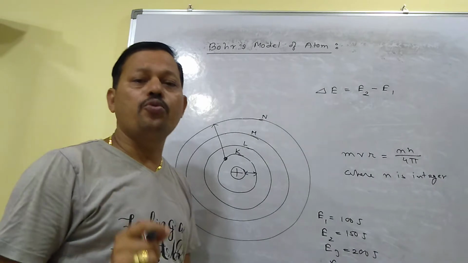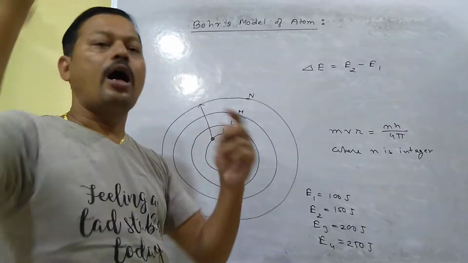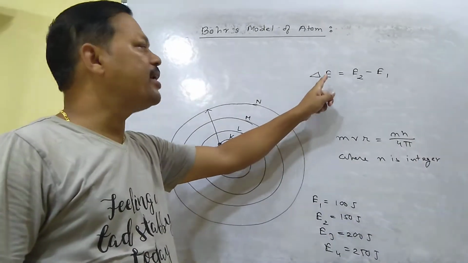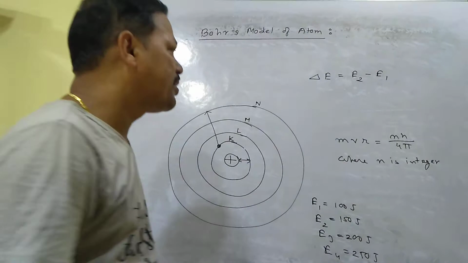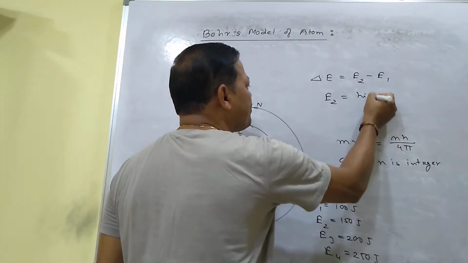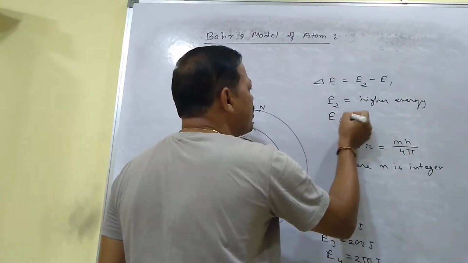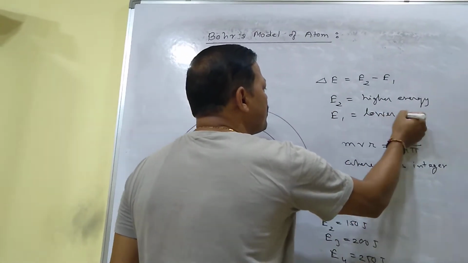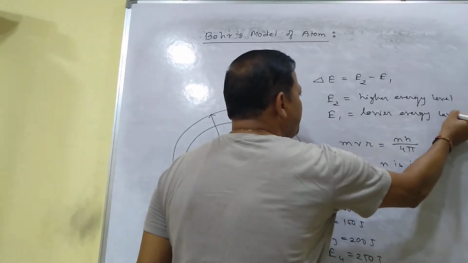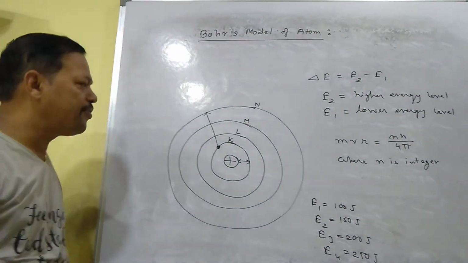So if an electron jumps from the first shell to the third shell, you can find out how much energy it absorbed using delta E equals E2 minus E1. E2 means the higher energy level, and E1 means the lower energy level. By doing this, you can find out the emitted or absorbed amount of energy.